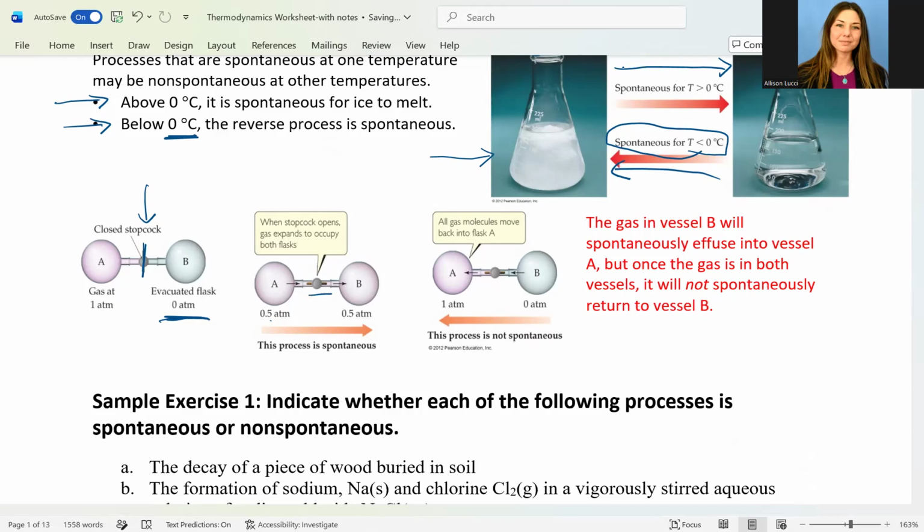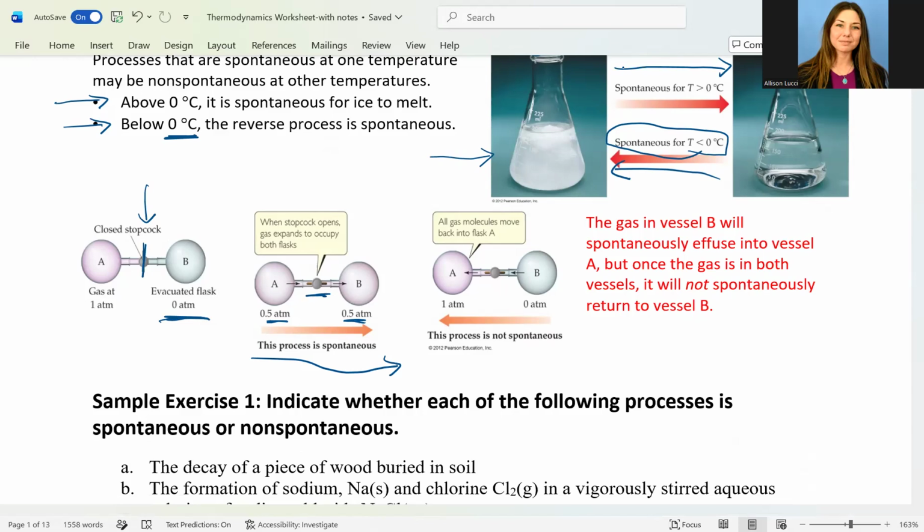When we open that, what we'll see is a spontaneous process where the gas molecules will move from vessel A to vessel B. And then it looks like about equal pressure will equilibrate. Once we open that stopcock, the gas will expand, and we see that happen spontaneously.